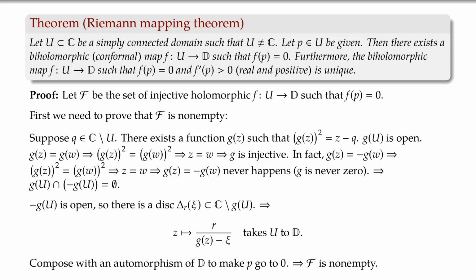Even though U maybe was a big set, G of U, the square root is injective, so it's essentially the same set, right? Now it was only contained in, size-wise, half of the complex plane, and so we could find a disk in the complement, and now we could go on, right?